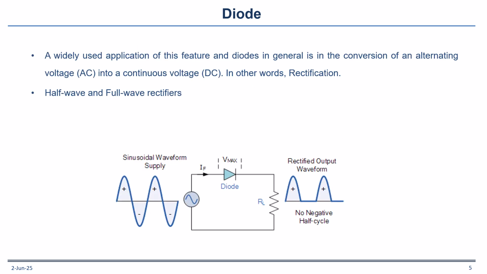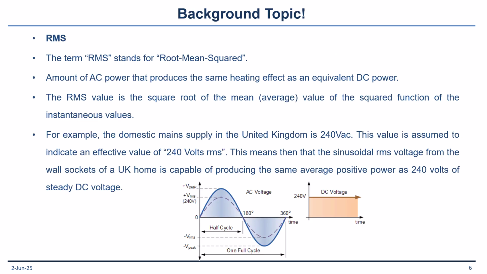As I said, a diode can easily remove the negative part, and if we have, for example, a DC voltage like this, it can go through completely, but if it goes negative, it cannot go.